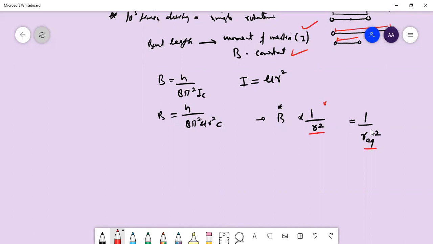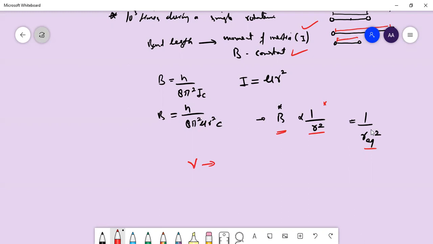So this is how we are going to see what the effects of this change are on the spectrum of a molecule. Further, an increase in the vibrational energy is also accompanied by an increase in vibrational amplitude, and hence the value of B will depend on the vibrational quantum number v.